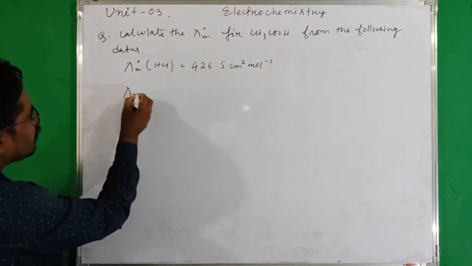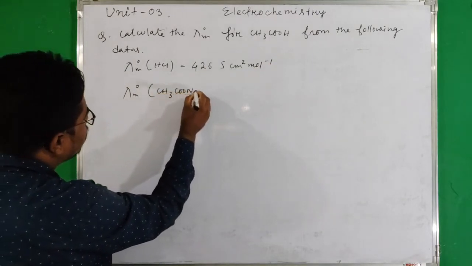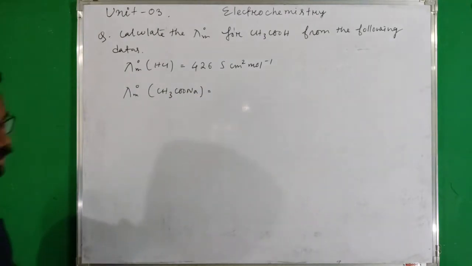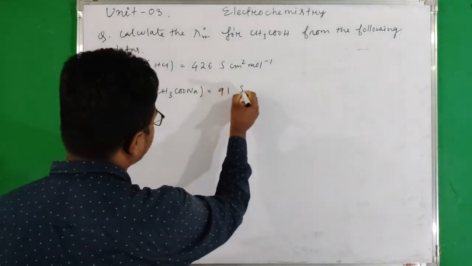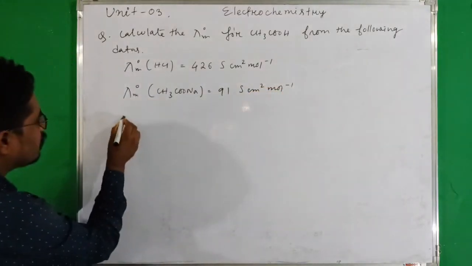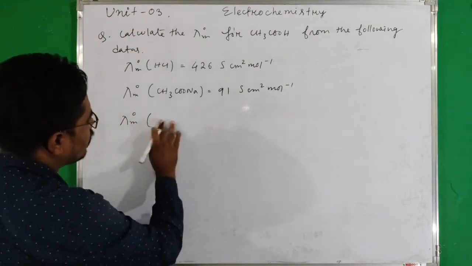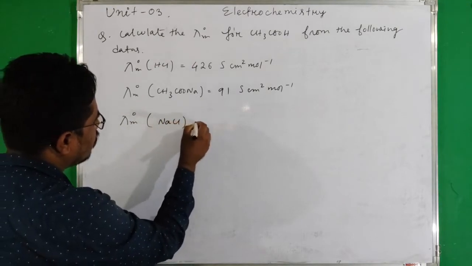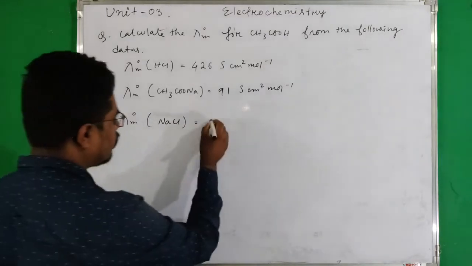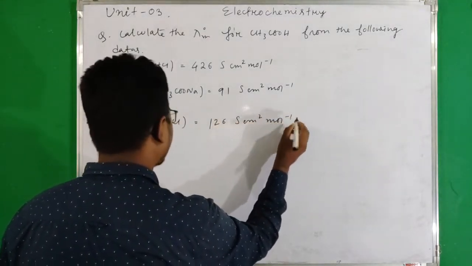Then lambda m naught for sodium acetate is 91 Siemens centimeter square per mole, and the lambda m naught for sodium chloride is 126 Siemens centimeter square per mole.